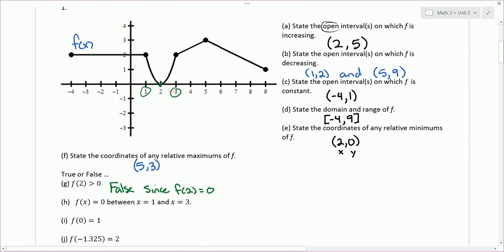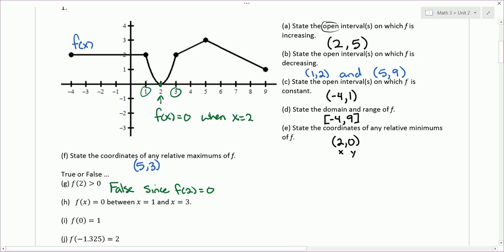Here's our 3 on the x-axis. It is true that f of x equals 0 when x is 2. Right? That's the spot right here.